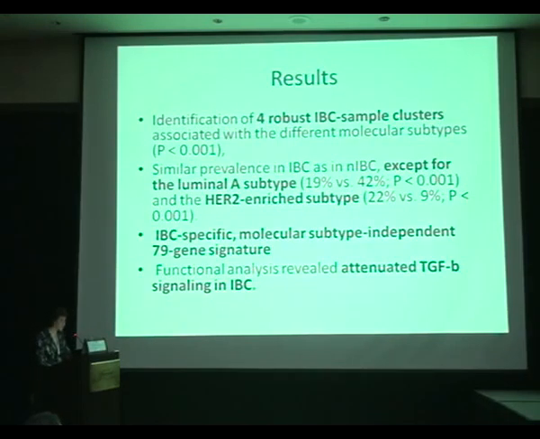And they have developed an IBC specific molecular subtype gene signature of 79 genes. One of the most interesting findings was an attenuated TGF-beta signaling in inflammatory breast cancer.